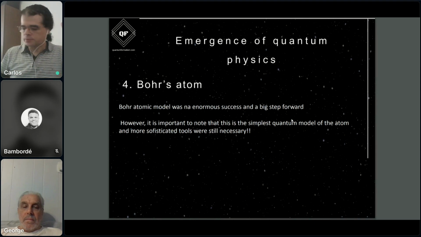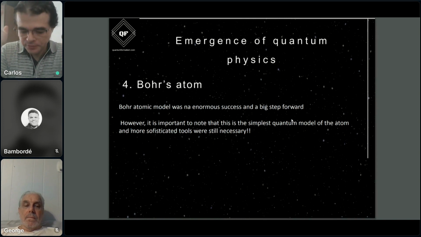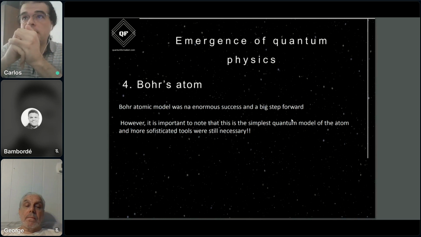So, we have so far some new ideas coming from trying to understand the properties of light, and we get the conclusion that light sometimes can behave like a particle.